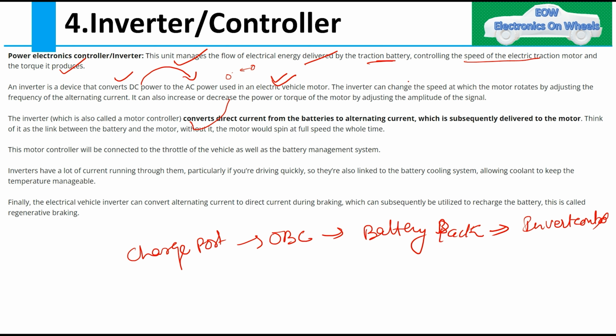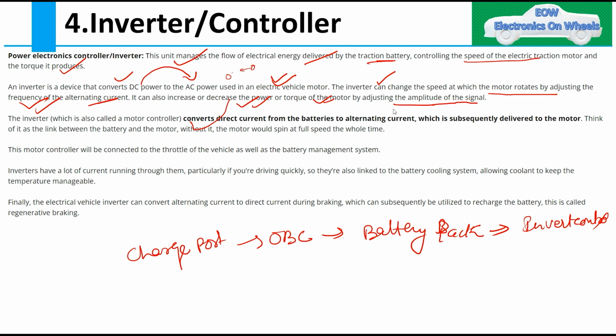Then an inverter can change the speed at which your motor rotates by adjusting the frequency of your alternating current. It can also increase or decrease the power or torque of the motor by adjusting the amplitude of the signal. So you can see that the inverter and controller is the main brain of your vehicle.